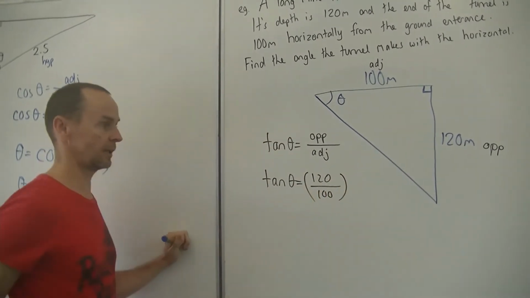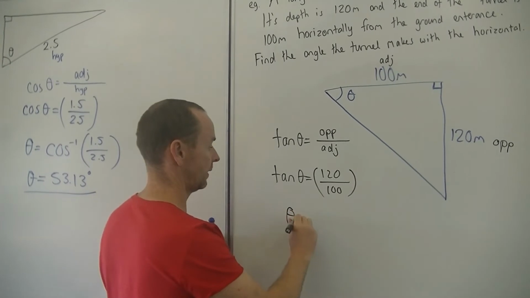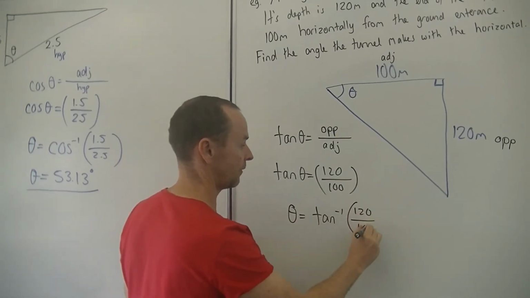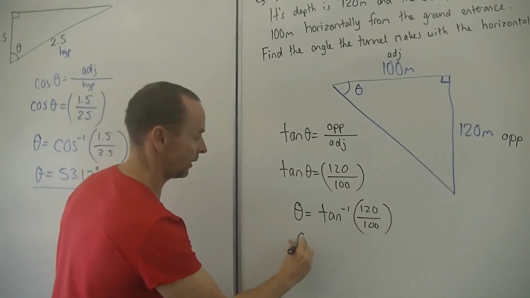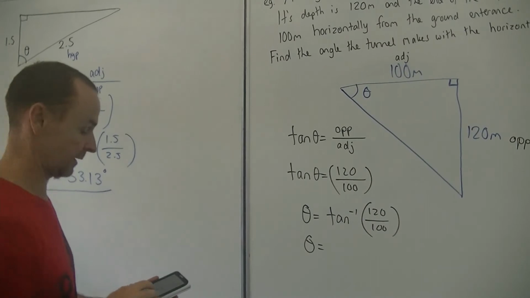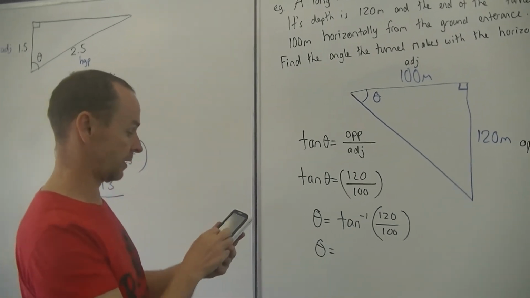Put brackets around it. How do we get rid of tan? You press shift tan and you'll get tan to the minus 1, 120 over 100. Only once we've got to that stage, that is your workings out. You must show it in a test. Now we can use our calculator.